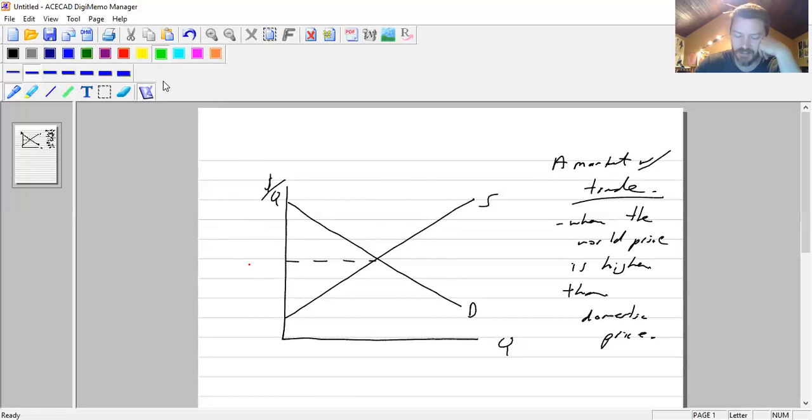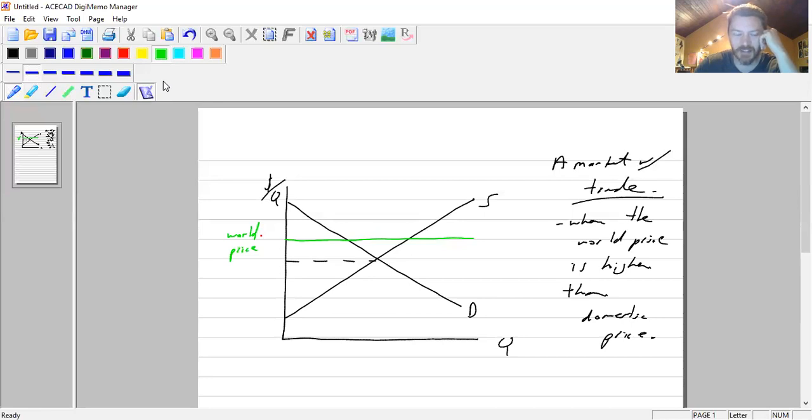So let's say this country opens itself up to international trade and the world price is up here. The world price is up there. The world price is obviously higher than what the domestic price in this country would be without trade.